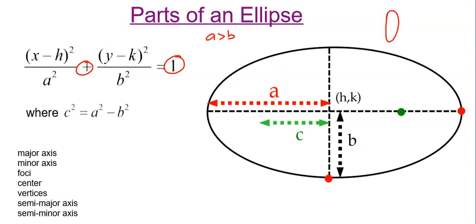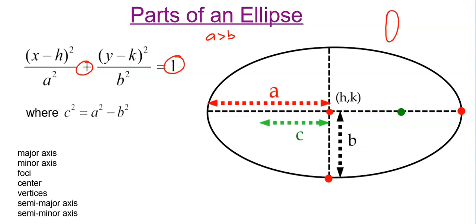h, k is the center of our ellipse, same as it was with a circle. The distance from the center to the long edge is a. The distance from the center to the short edge is b. And the distance from the center to one of the foci, or the distance from the center to a focus, is c.